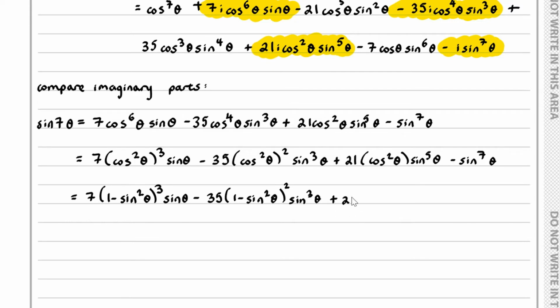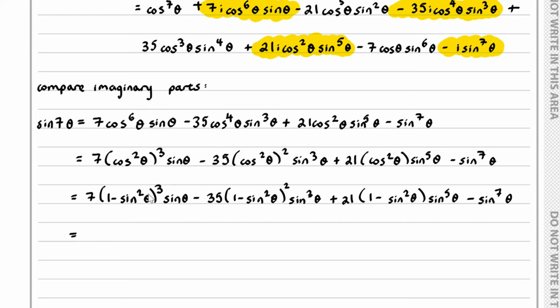And then we've got 21 times 1 minus sine squared θ times sine θ to the 5, minus sine θ to the 7. So now we need to tidy all of this up.